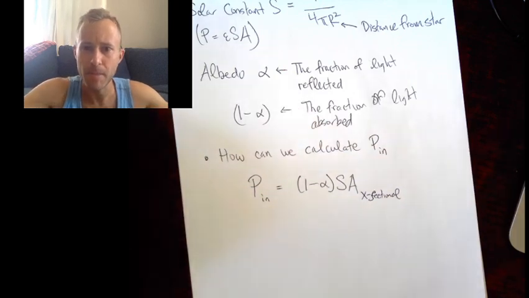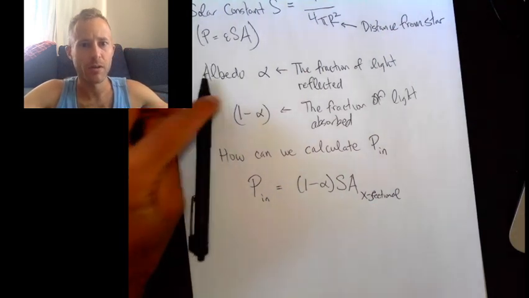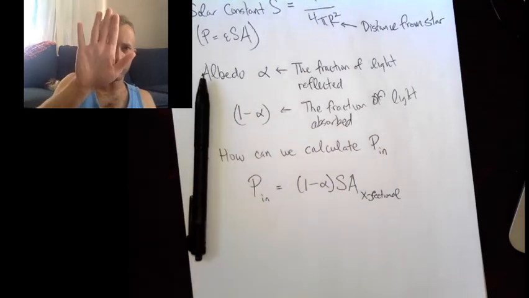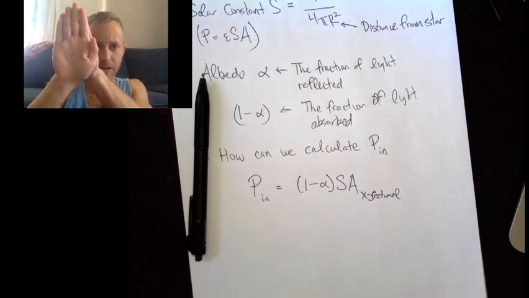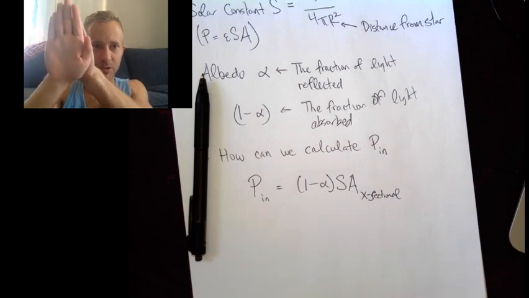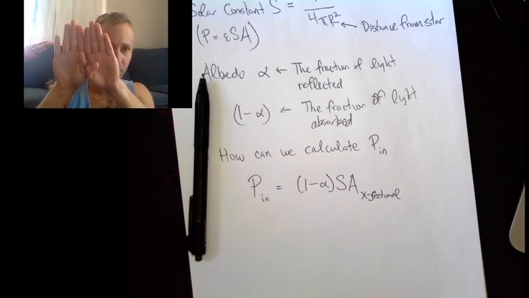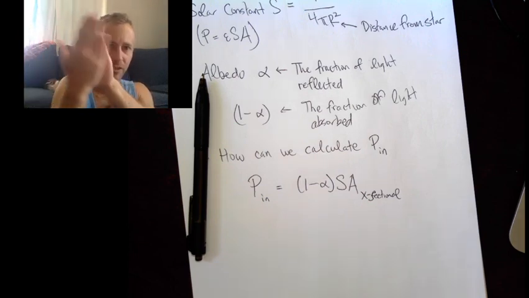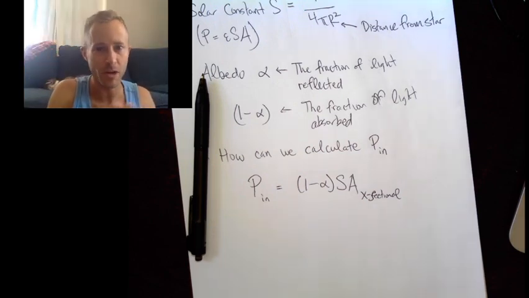All right? So one of the things about power, if you shined a flashlight at my hand, if I put my other hand behind it, my hands aren't absorbing any more energy because I haven't increased the cross-sectional area. But if I put my hands side by side like this, they're presenting a bigger target for the light to hit, so I'm going to absorb more energy.